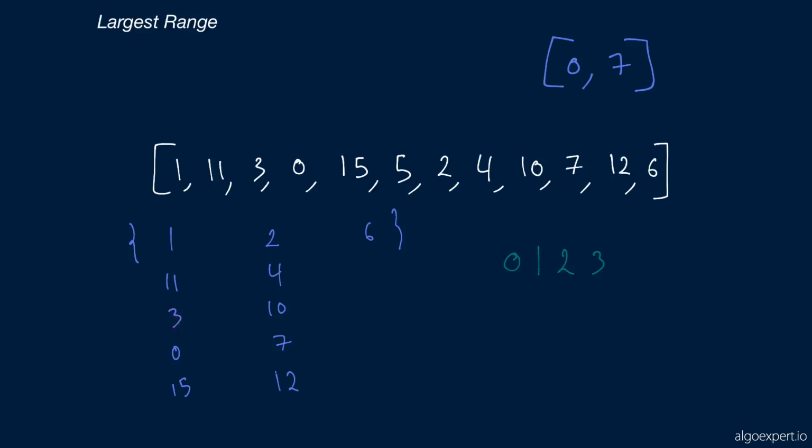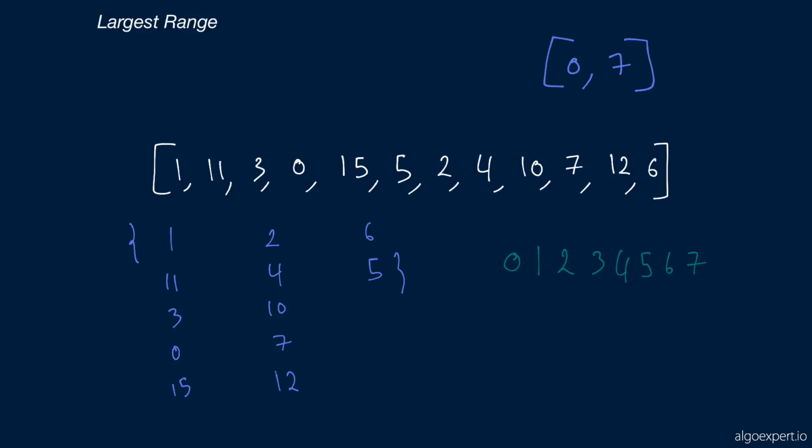Yes, it is. That means it's in the array. Then we go to the number 4. It's in our hash table. 5, it's in our hash table. 6, it's in our hash table. And 7 is in our hash table. And I just realized I forgot to put the number 5 in our hash table, but it should be. We'll add it here. 5 should be in our hash table.